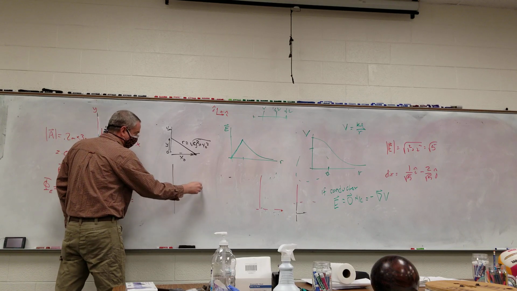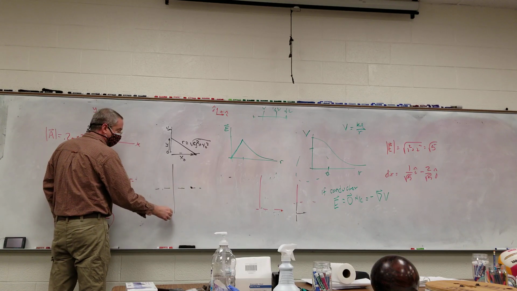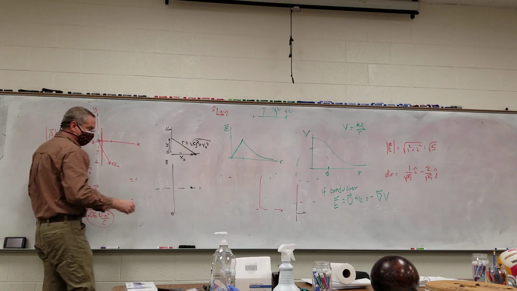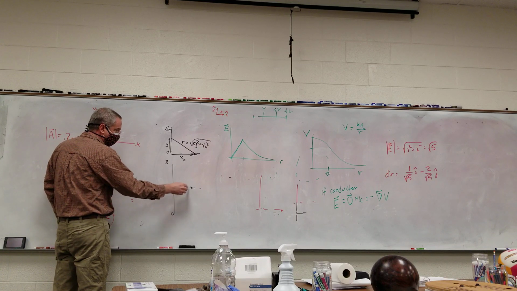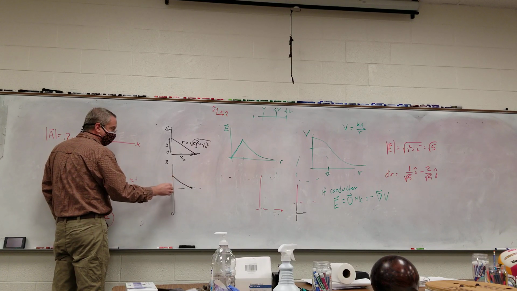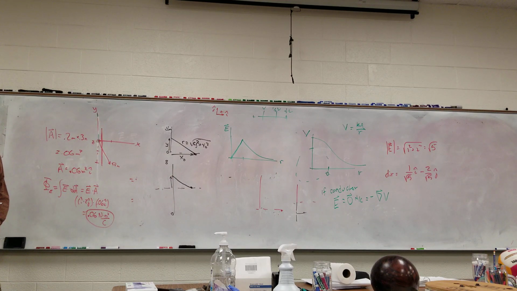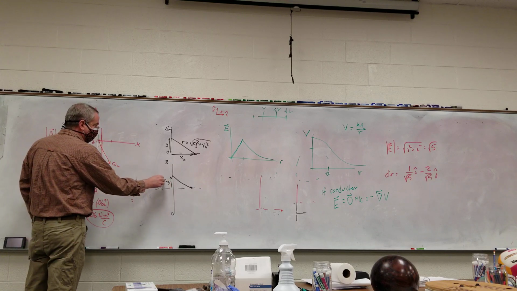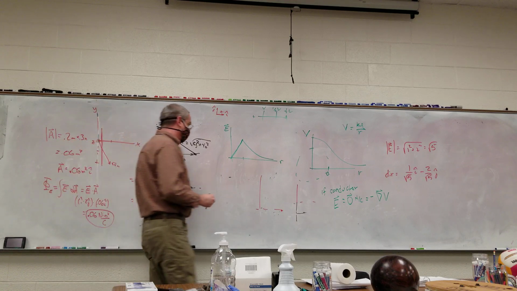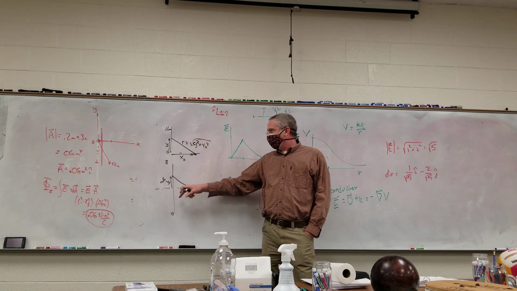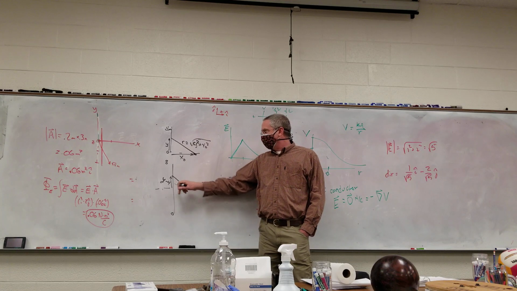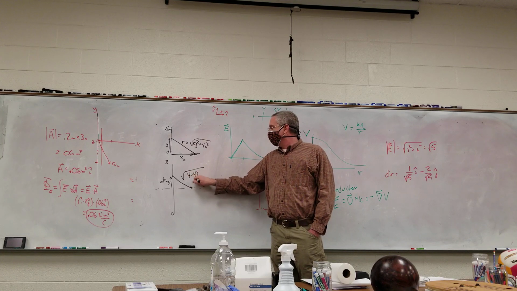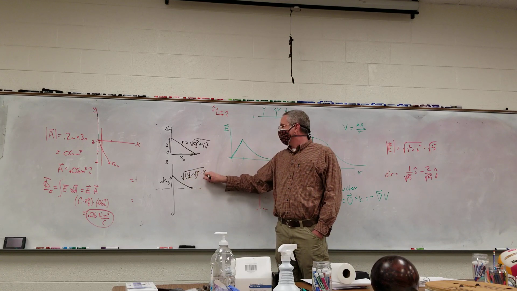Now if you're doing this from 0 to 8, that's a y, not a 4. Recognize that that distance right there is not y. That distance right there is y minus 4. So if I'm doing my limits of integration, 0 to 4 and then 4 to 8, r here is going to be the square root of (y minus 4) squared plus x naught squared.